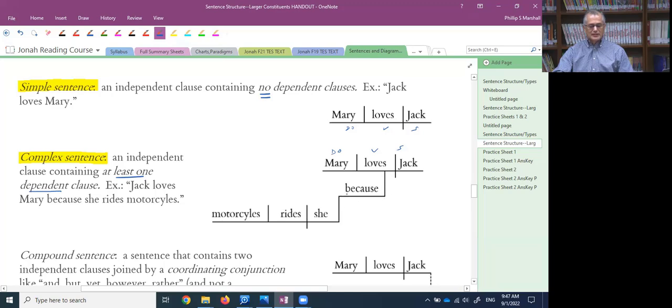So it hangs down, comes to the left. You can set your conjunction that joins the dependent clause to the main clause, and then you drop down one more step in order to attach a baseline for the dependent clause.